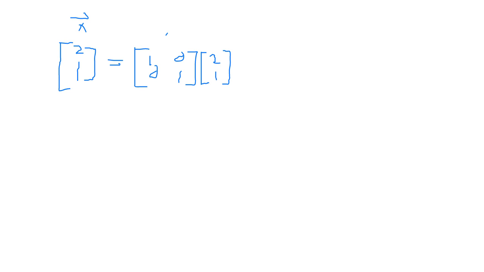You can think of that as this matrix P times this vector y. Now, it turns out the vector y is the same as x, but the matrix product on the right can be written as 2 times 1, 0 plus 1 times 0, 1.